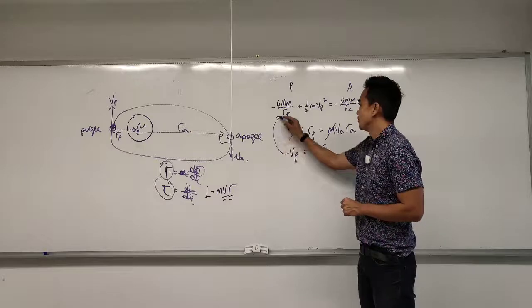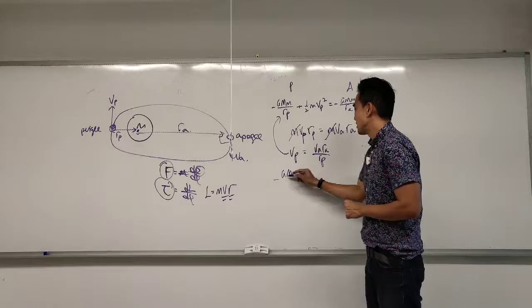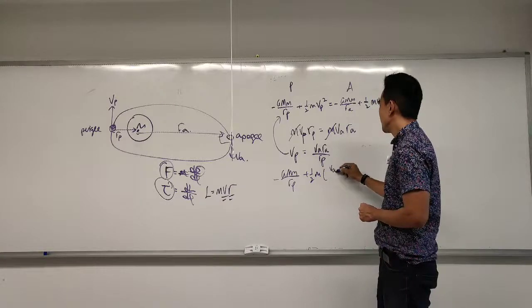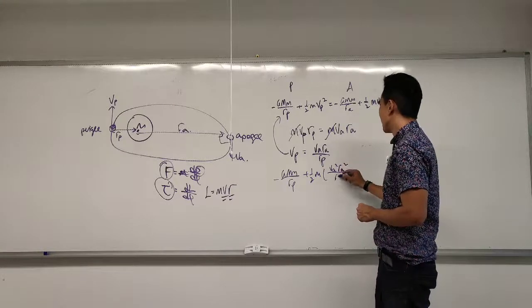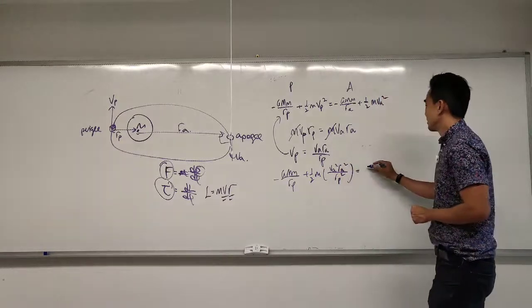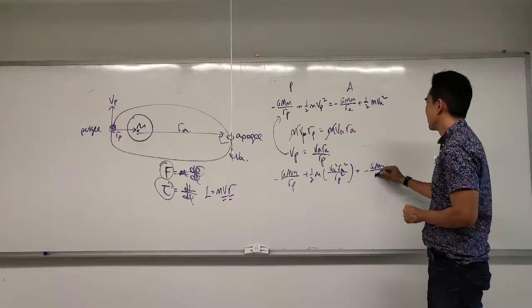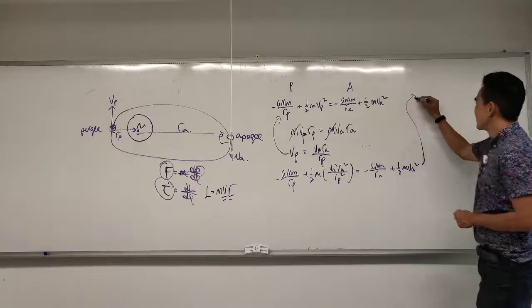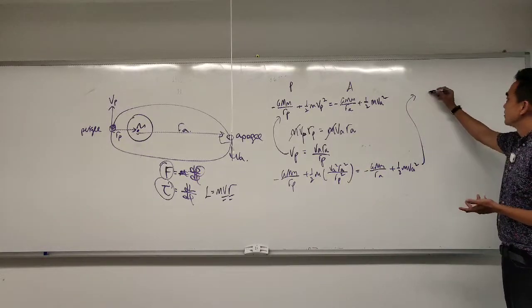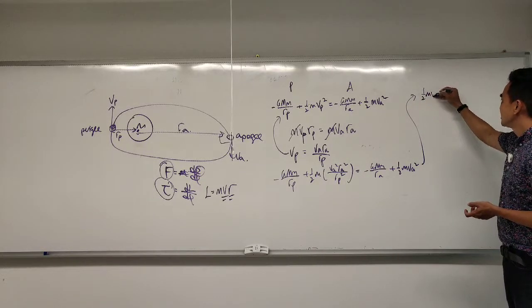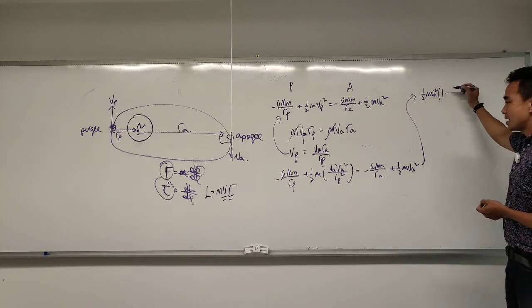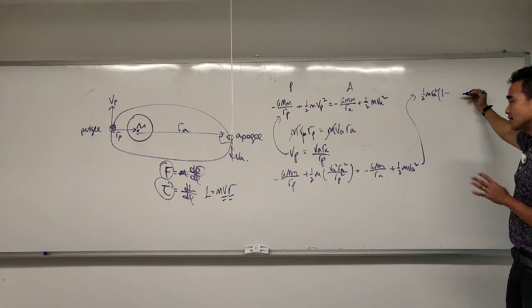Then you can substitute Vp into the equation on top. So minus GMm upon Rp plus half m VA squared RA squared upon Rp squared equals minus GMm upon Ra plus half m VA squared. Now if I make VA squared the subject, I can factorize this out, and this becomes 1 minus half m VA squared.